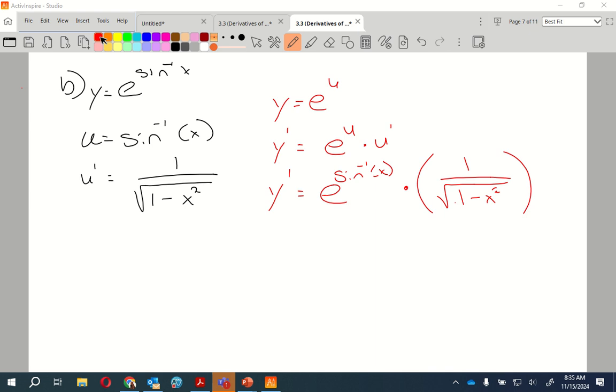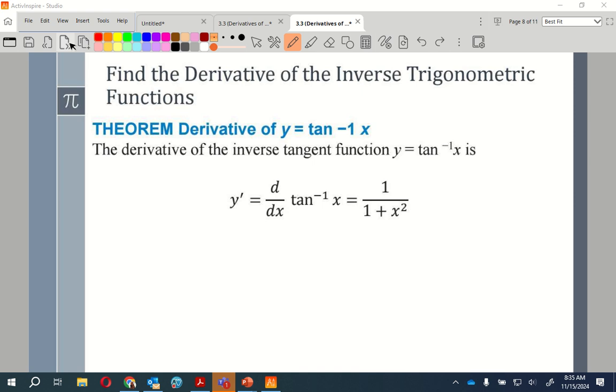Let's see. Next one. Okay. Derivative of inverse tan x is going to be 1 over 1 plus x squared.